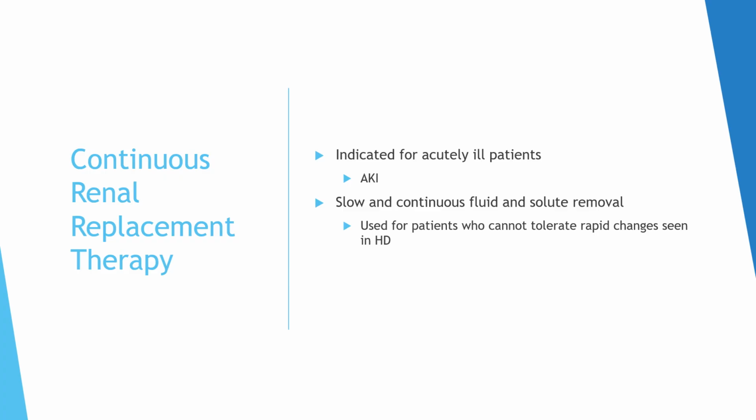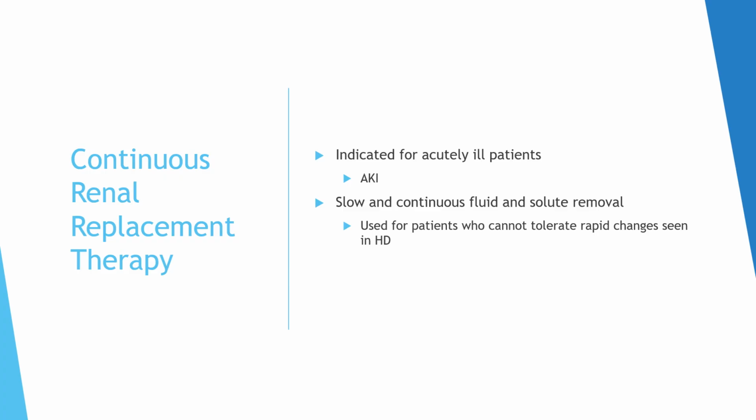It's slow and continuous, so it allows for a gentle resolution of this acute kidney injury, gentle removal of fluid and waste products, especially for patients who can't handle the rapid changes of hemodialysis.